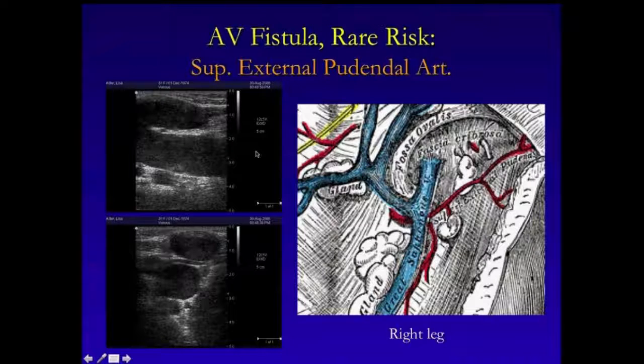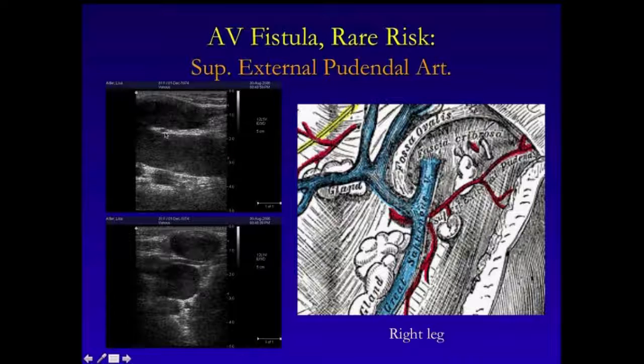Another thing we don't want to see after thermal ablation of the saphenous vein is an AV fistula. If you look at the sagittal view of the femoral and saphenous vein, in that sort of nutcracker position lies an artery that you can see right here. It's the superficial external pudendal artery, a branch of the common femoral artery that then goes medially.